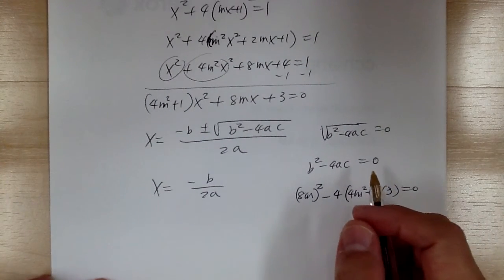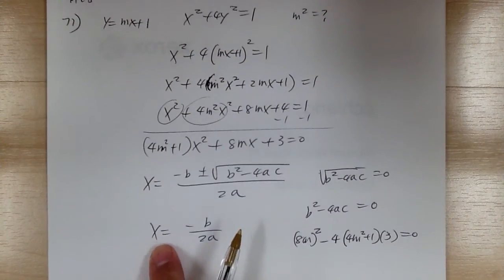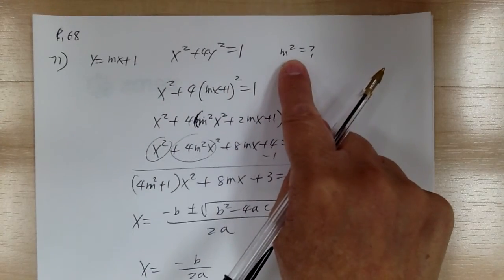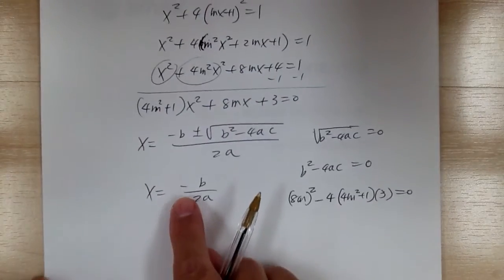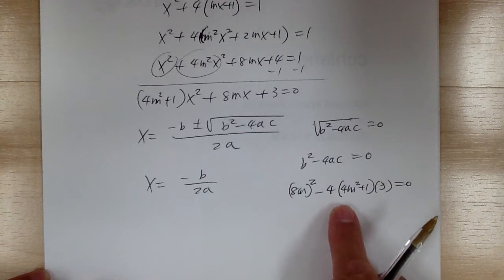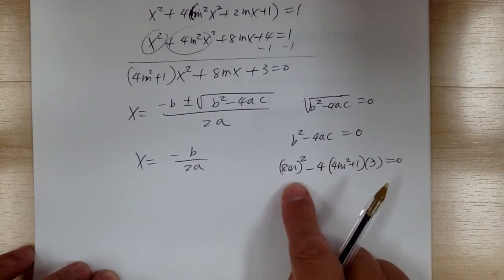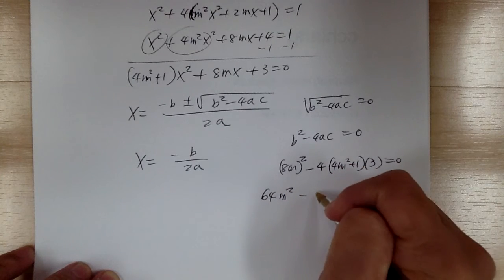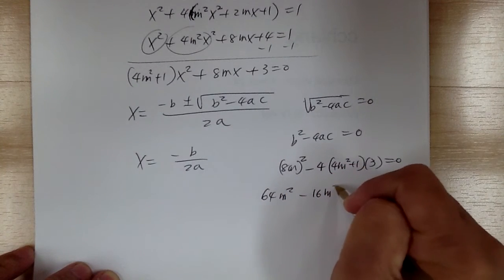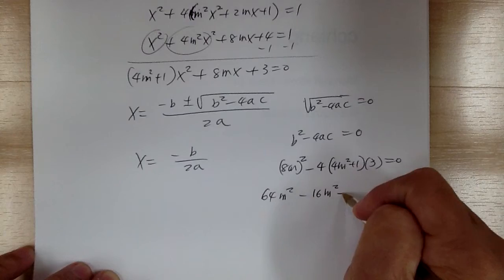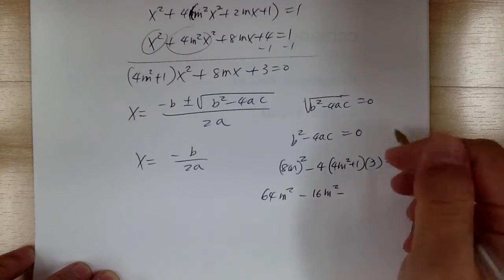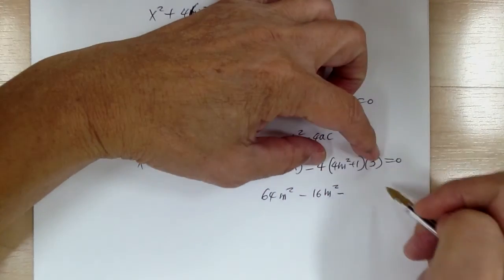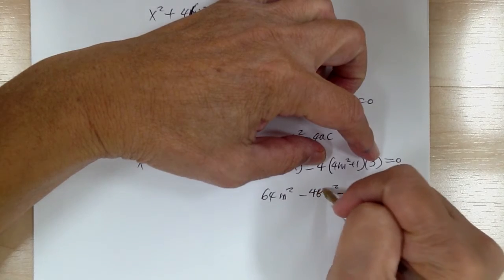And now the reason we don't deal with this is because we're not interested in x. We try to solve for m squared. So this is not going to help as much. So that's why we use this one. Okay, so working this out, you're going to get 64m squared minus 16m squared minus, this times 12 would be 48.